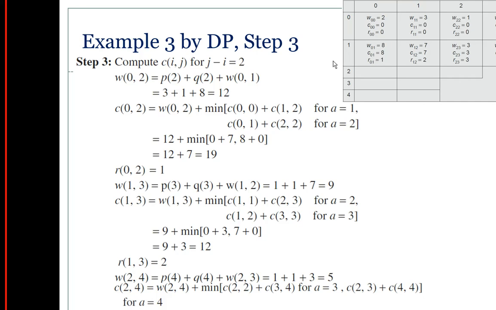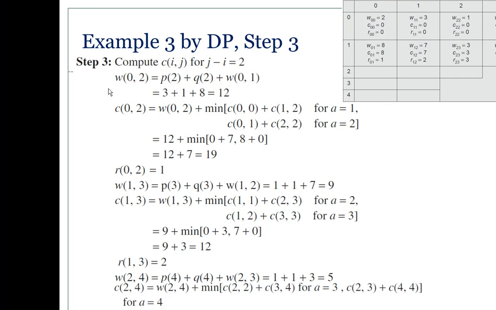Now here you have to remember one thing. In step 3, while finding out the cost, there will be two values of a for each box, and whichever cost is minimum, that a you have to consider.